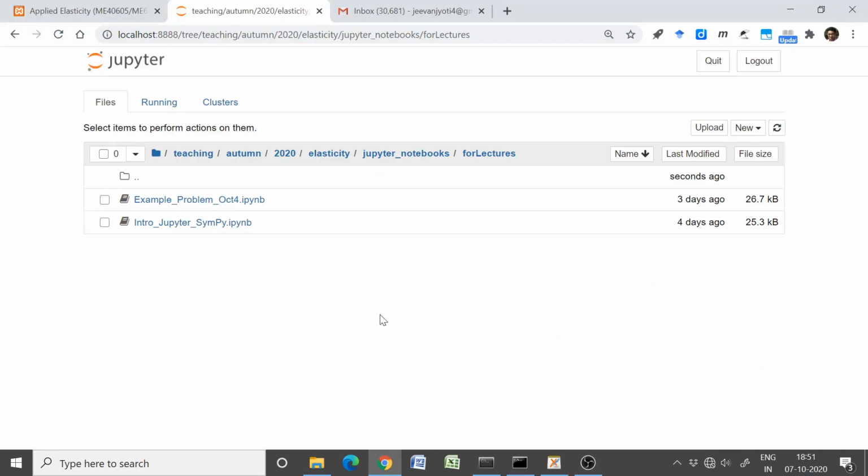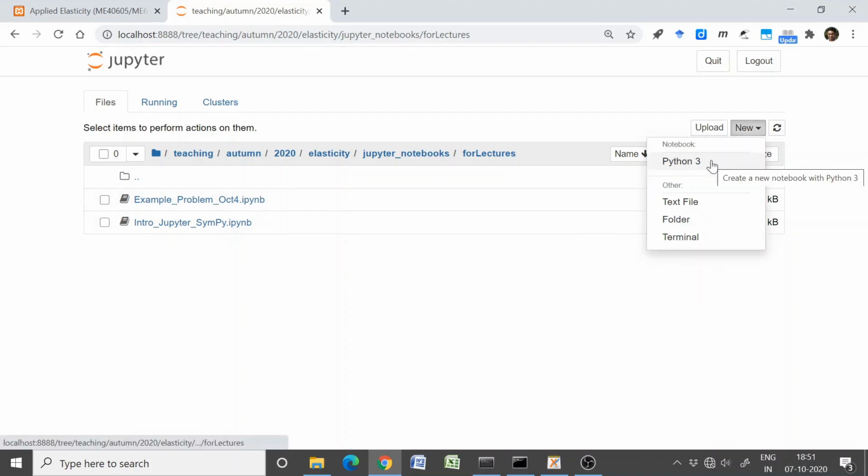So we are now in our browser here. I have already fired up Jupyter Notebook, and we are in our desired folder. I'm not going through the preliminary steps which I have already demonstrated in the introductory videos. So we'll quickly open a new Python 3 based Jupyter Notebook.